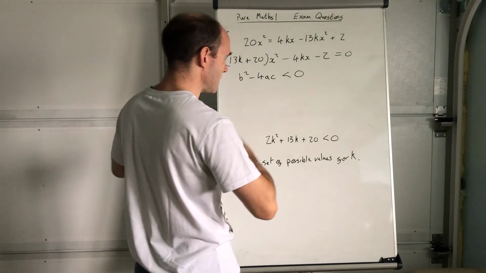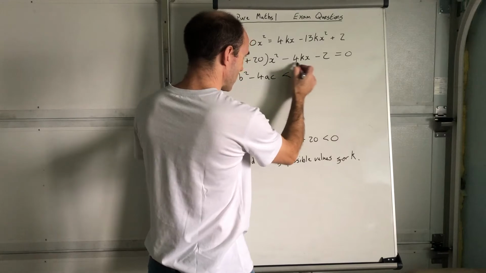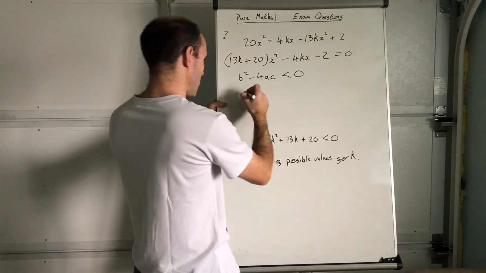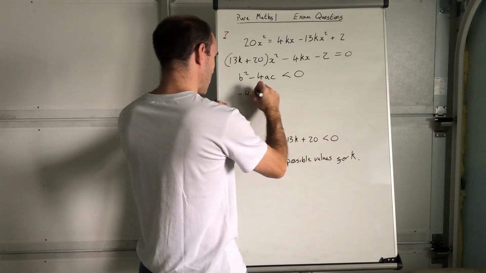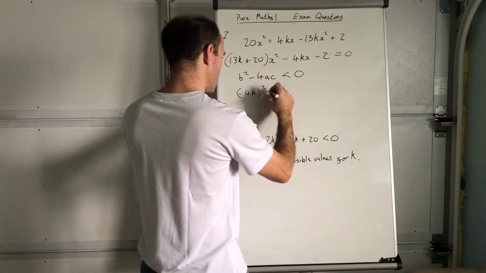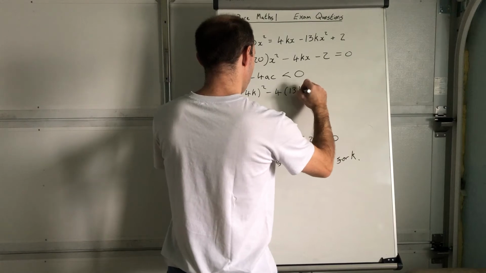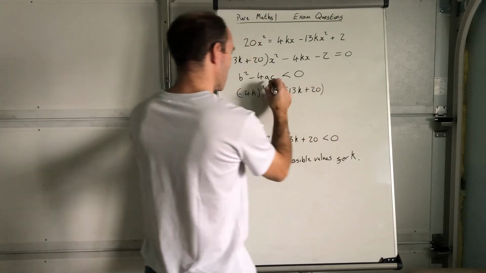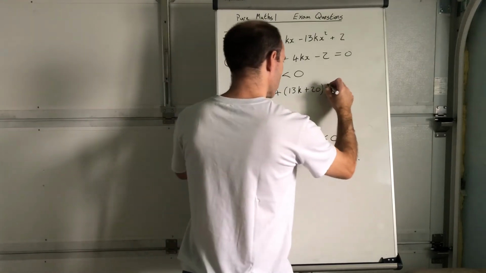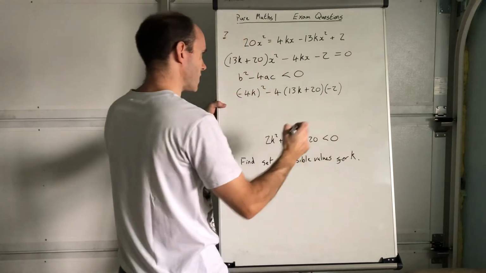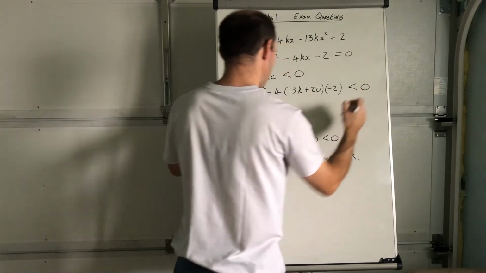So b squared, so that is b there, negative 4k. So you're going to have negative 4k squared, subtract 4 times a, which is that, 13k plus 20, multiplied by c, which is that, negative 2. And that's got to be less than 0.